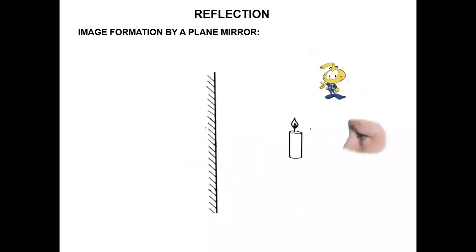All right, so for example, there's a candle over here. You want to see where the candle's image is going to be. You send a ray at 90 degrees because you're looking here, and the ray is going to be reflected on itself. So this is going to be the first, and the second ray you send at the normal, it's going to be reflected like this.